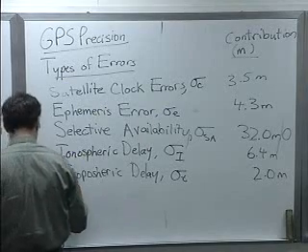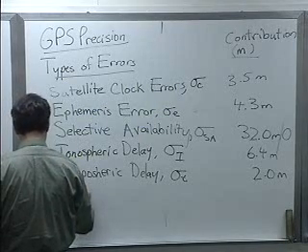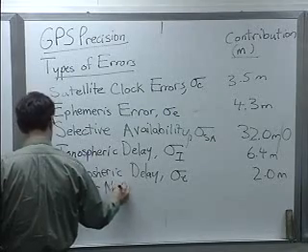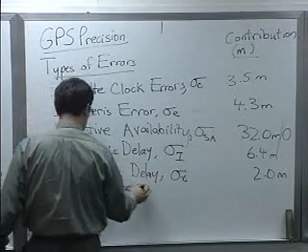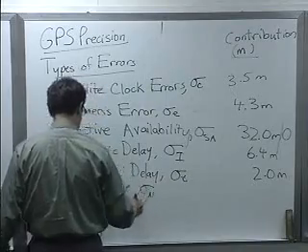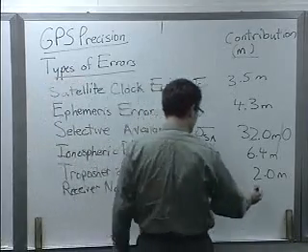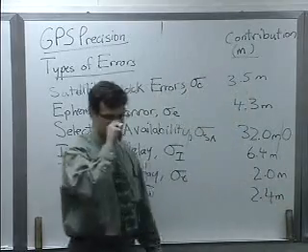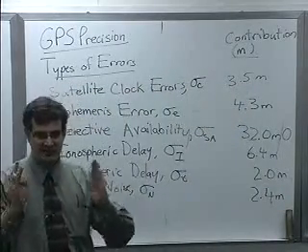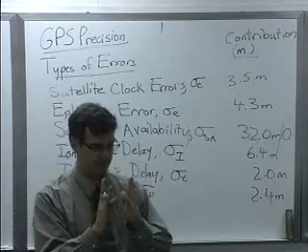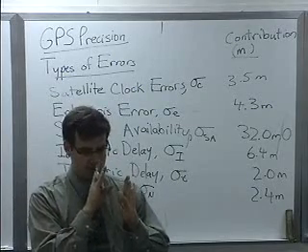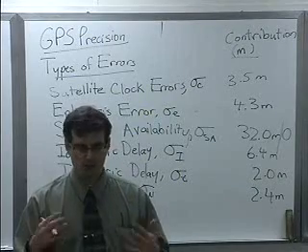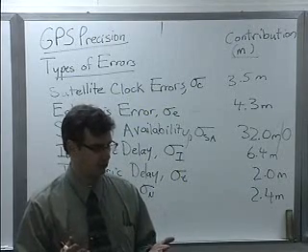Receiver noise, and again, this is a typical value. In the absence of all other errors, this would contribute about 2.4 meters. Remember, Doc Cephas talked about this last time. We have to synchronize with the chip. And the temporal resolution is going to be proportional to the width of a chip, right?